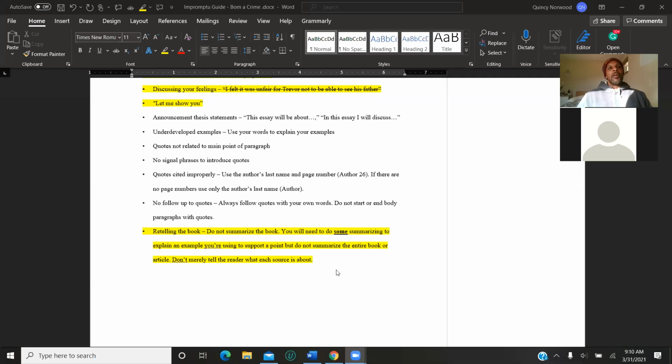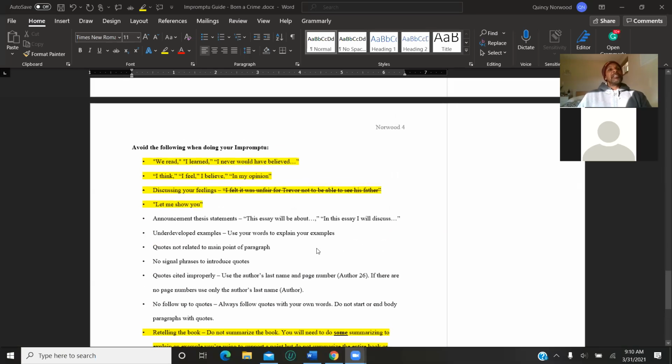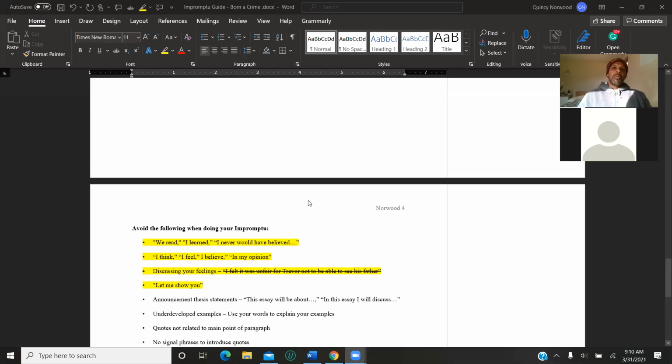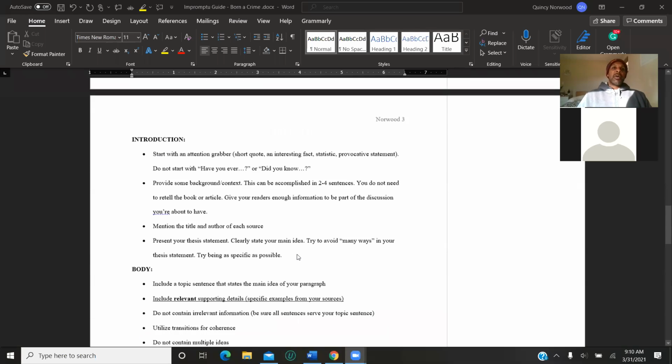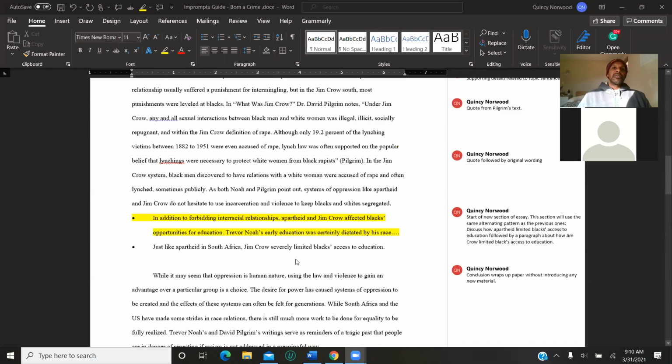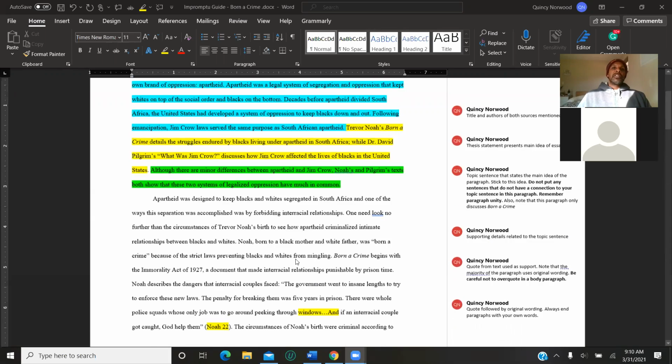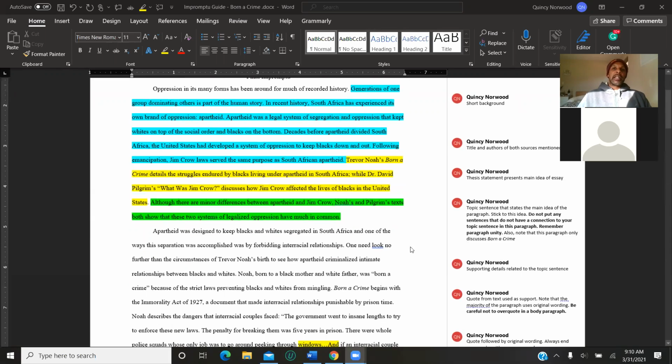And sharing a document. This is not on D2L just yet, but I will post it. The reason I'm not posting it yet is these are just some example paragraphs that are really specific to the article that you have.